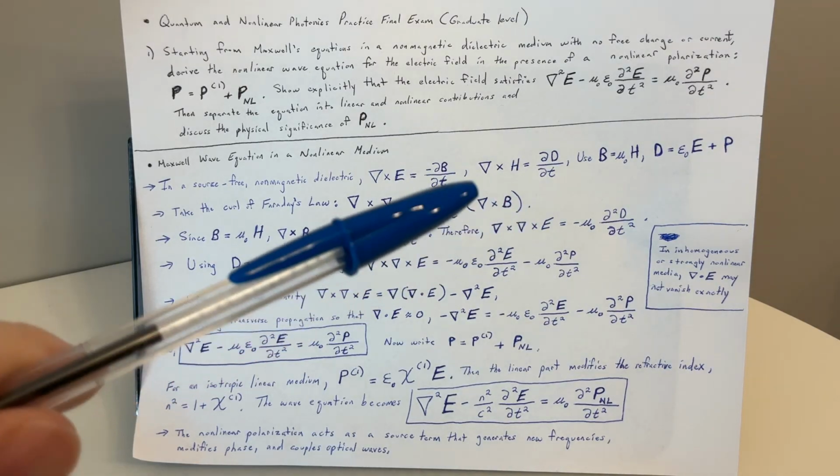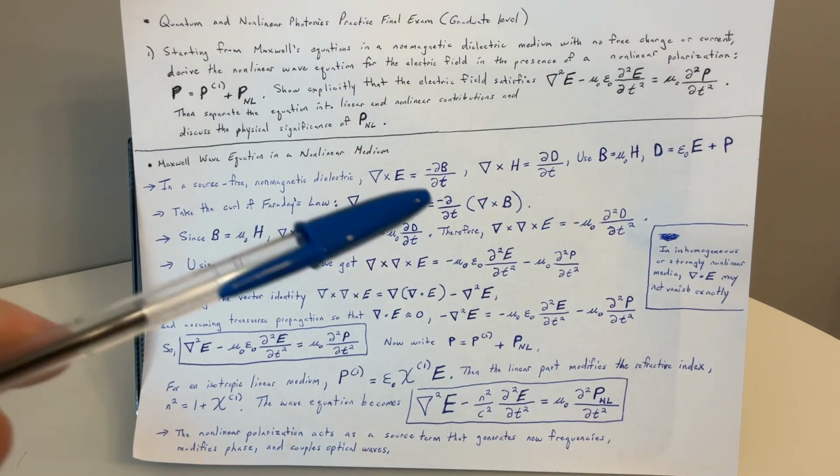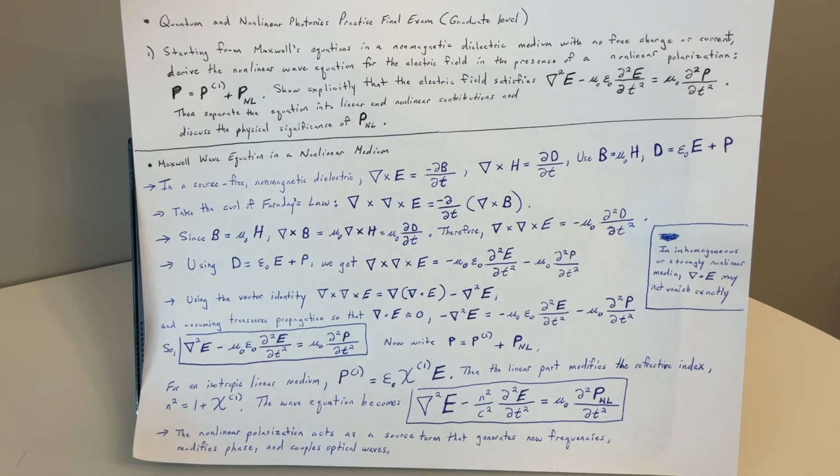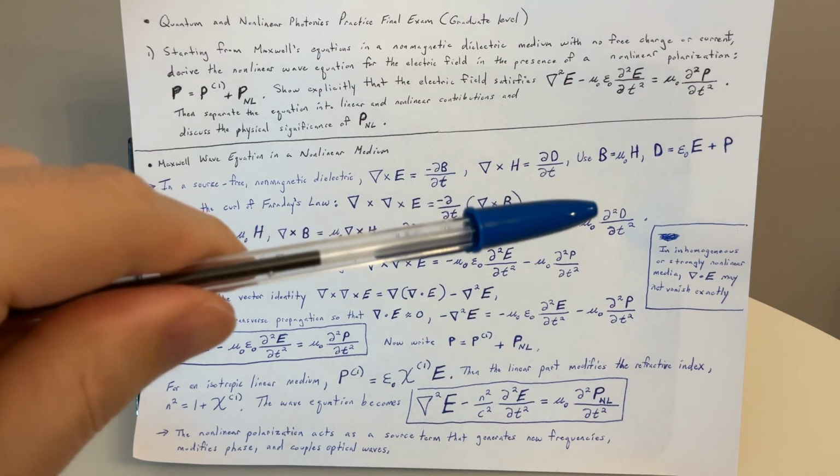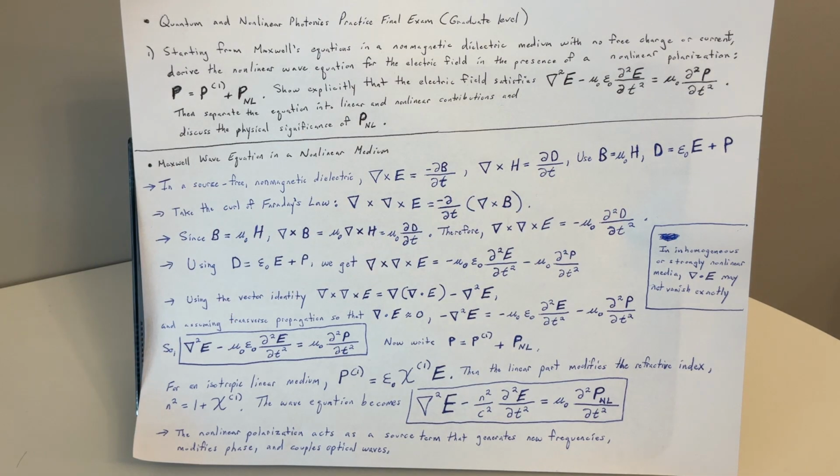We have del cross del cross E, that equals negative mu naught second partial d with respect to t. Okay.